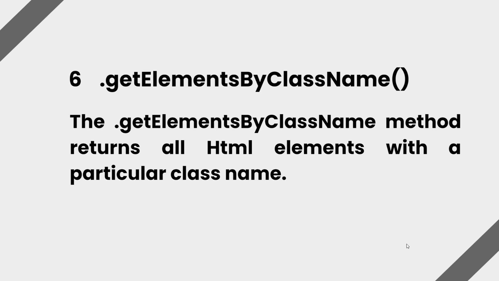So that's a quick and brief explanation of all these methods. For now, we do not have their syntax, and this is because their syntax is connected to the document object, which will be seen in the next slide.